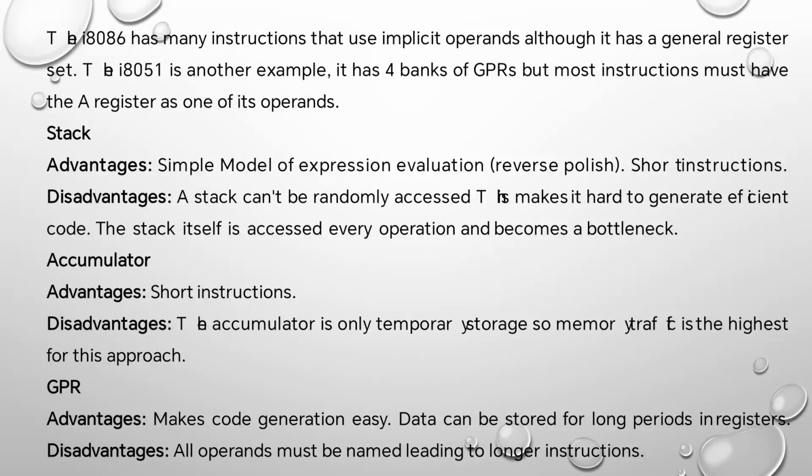Disadvantages: the accumulator is only temporary storage, so memory traffic is highest for this approach. GPRs. Advantages: make code generation easy. Data can be stored for long periods in registers. Disadvantages: all operands must be named, leading to longer instructions.